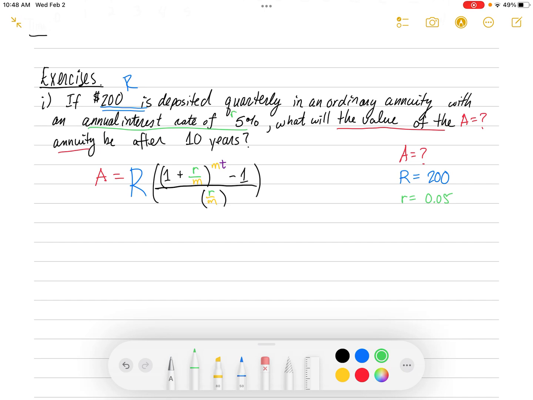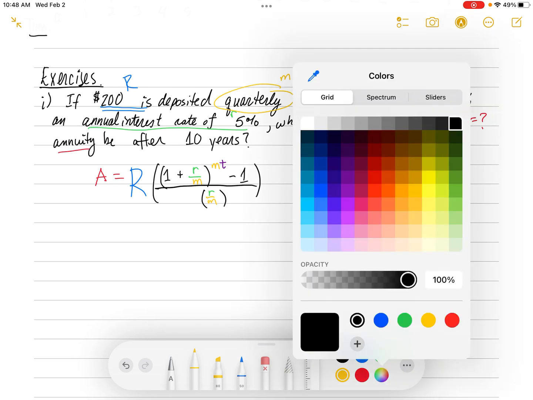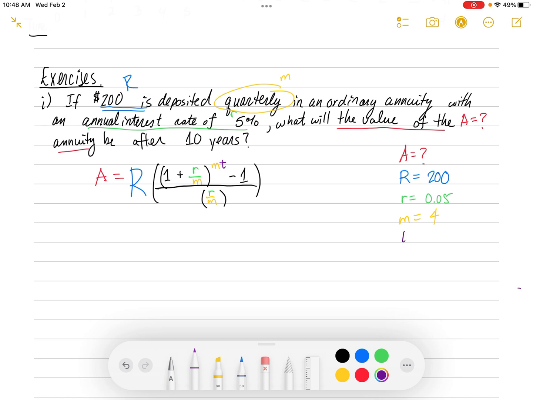So little r is 0.05. What else? M, how many times a year are we making deposits? Quarterly, so M is 4. And T, that's the number of years. T is going to be 10.